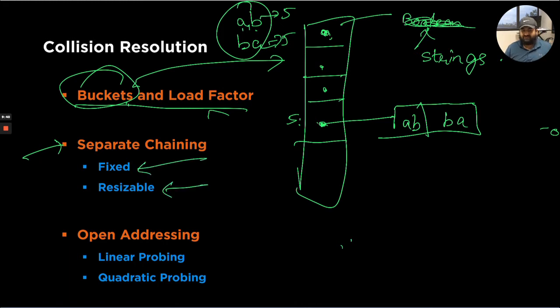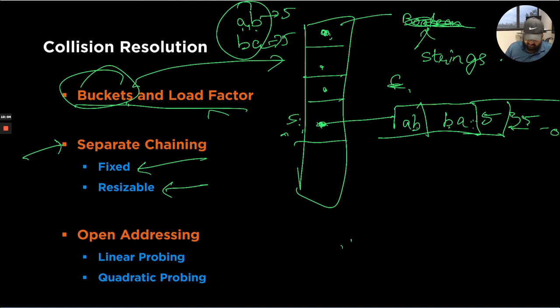What I mean by fixed is, let's say we have AB, BA, and then C, any elements that map to, say, 5, 55, 25, all of these adding to this index 5.